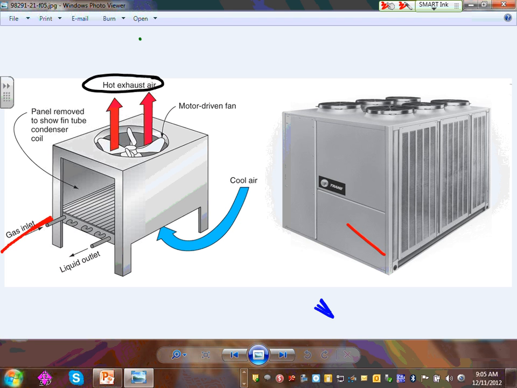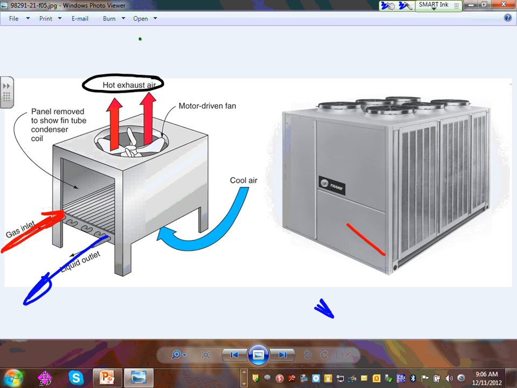This is hot gas coming in from the evaporator, and cold liquid going out to the evaporator. And you have a big fan like this, pulling the air out, sucking the air right through it. So it takes the air from Mother Nature outside and takes the air right through these coils. Can you guys see how it puts it right through the coils?